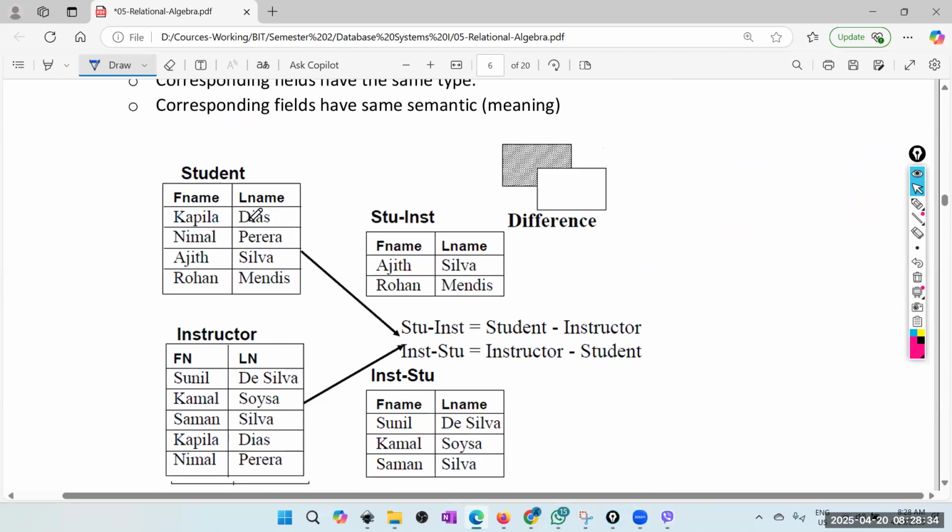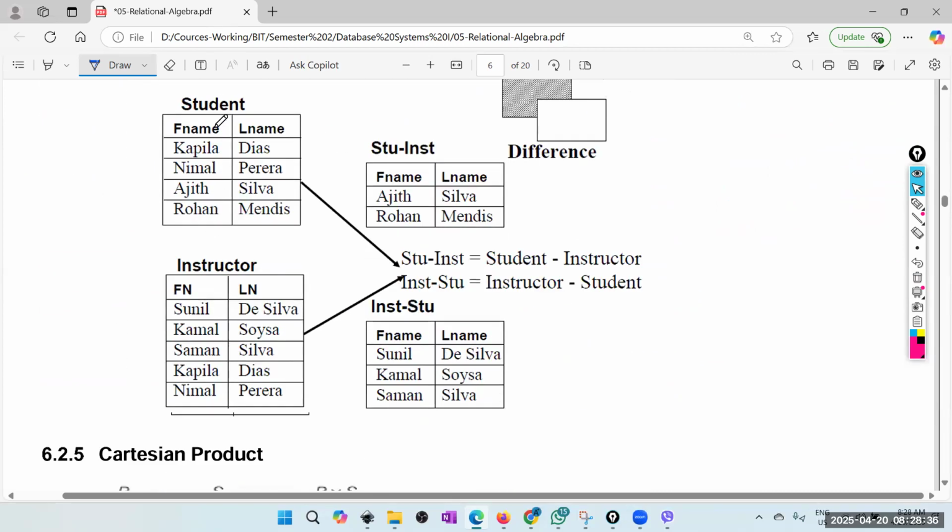So this is an example. Assume that these are compatible, union compatible. That means set difference also is compatible. So now what is student minus instructor? That means he or she must be a student, but not an instructor. Assume that these are sort of unique. Assume that Kapila is only Kapila. There's no two Kapila. Okay.